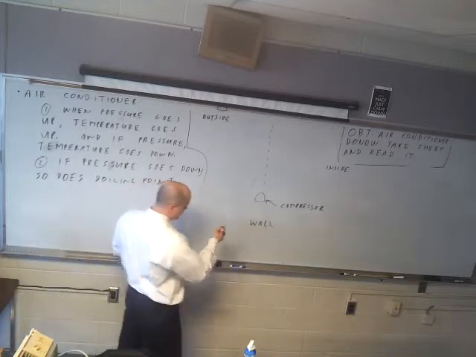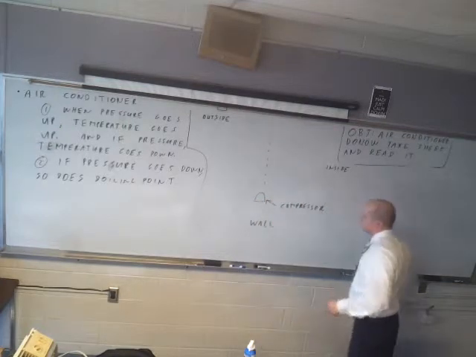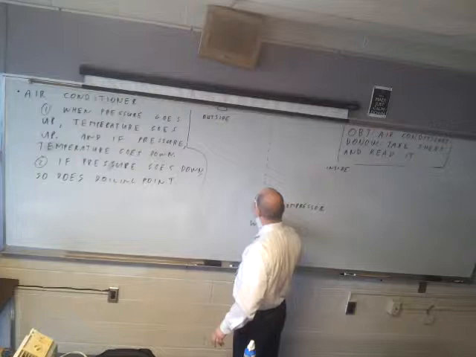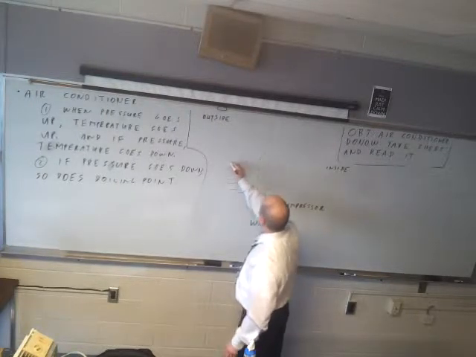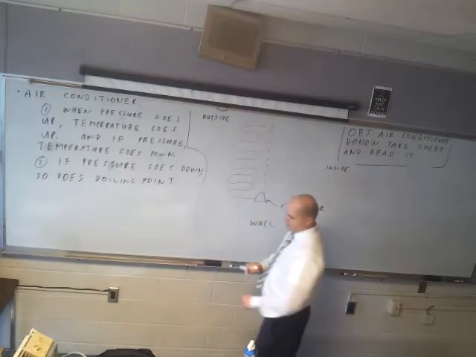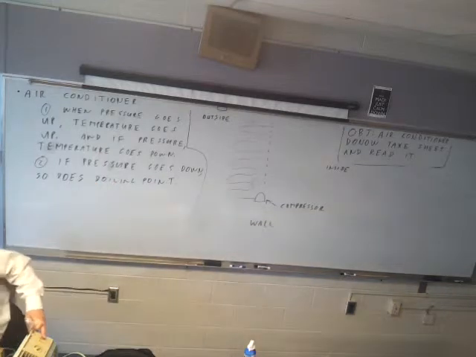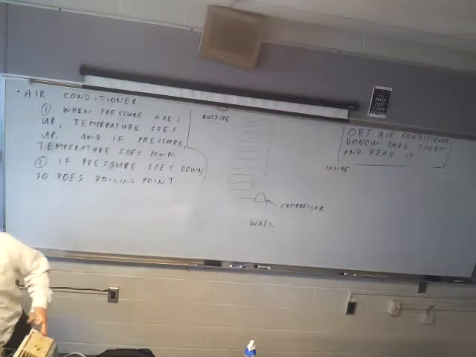Anyway, here's the compressor, and then off the compressor, if you have colored pencils, now's a good time to use them, you have coils going outside of the house. A coil is just a tube that has fluid inside of it. On this particular unit, these copper tubes are the coils I'm talking about, and fluid goes through them.